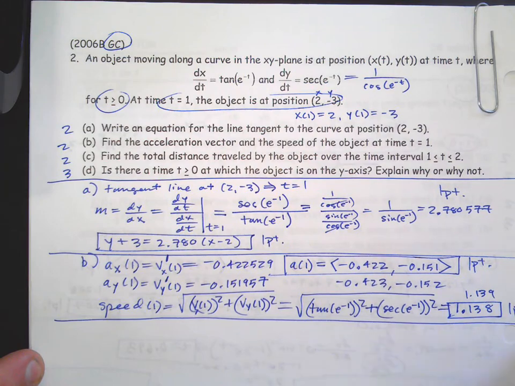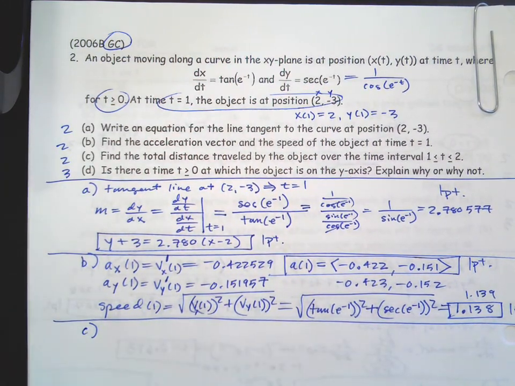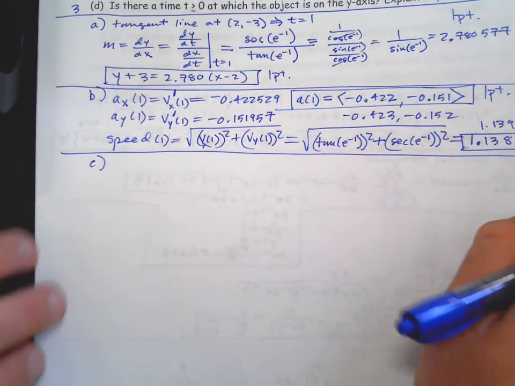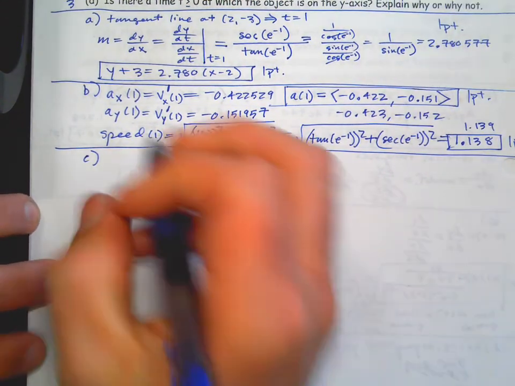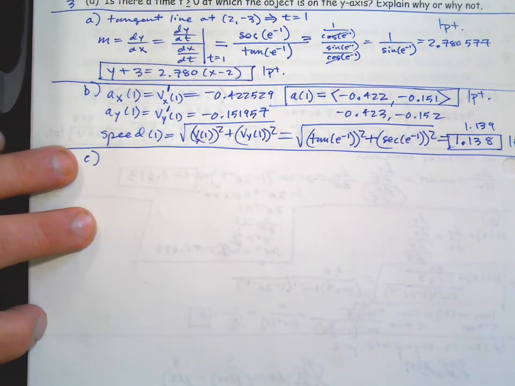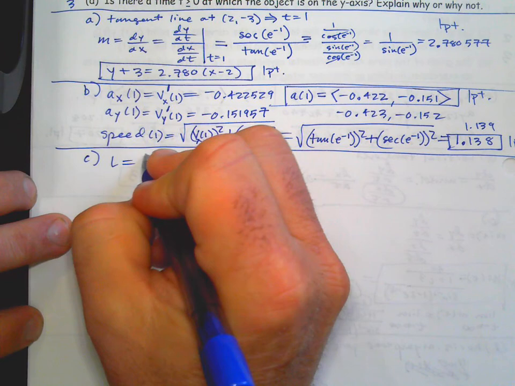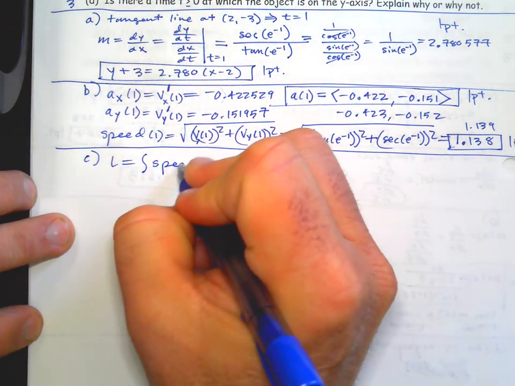Okay. C, find the total distance traveled. That's a common question. So total distance traveled is that equation where it's the integral of speed, right?